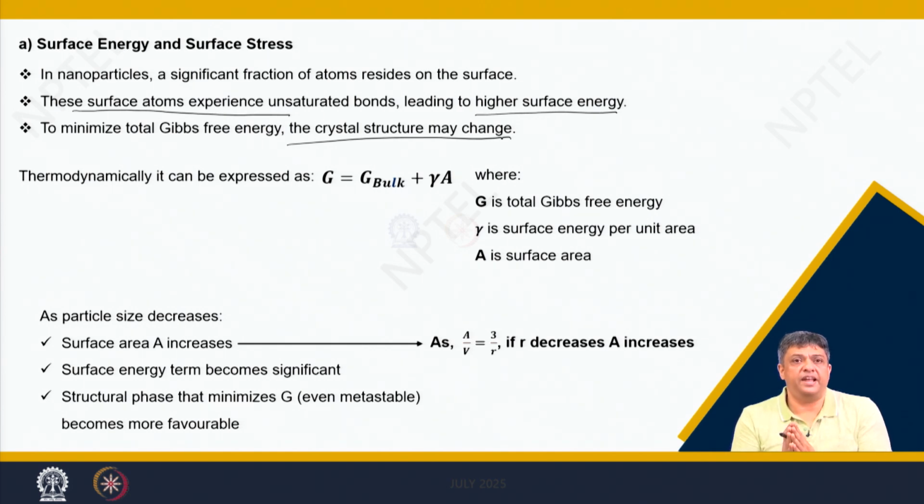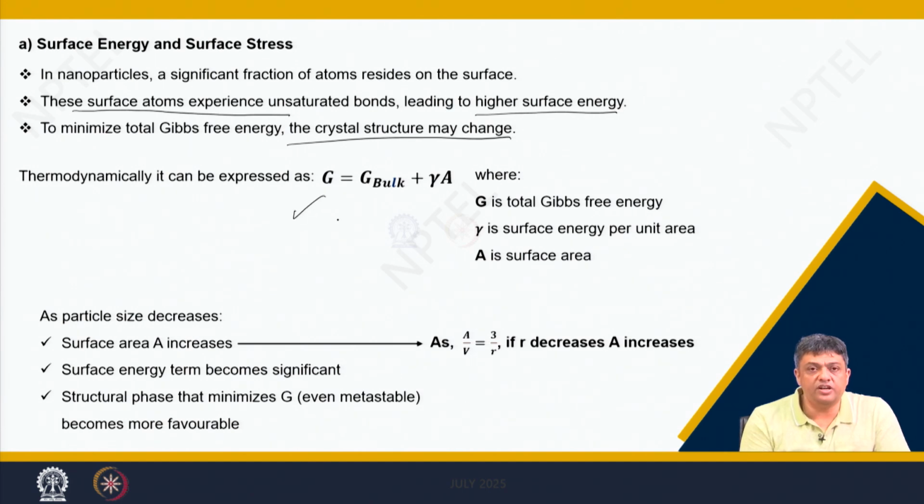Thermodynamically, this can be explained as the Gibbs free energy given as the Gibbs free energy in bulk plus gamma A, where G is the total Gibbs free energy, gamma is the surface energy per unit area, and A is the surface area.